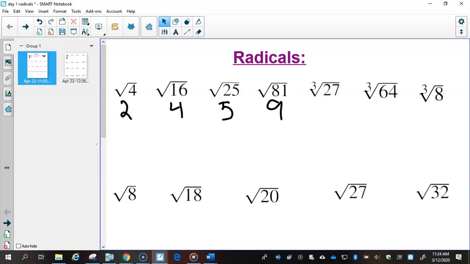So for 27, think of a number that if we multiplied it, that times that times that would give us 27. 3. Because 3 times 3 is 9, and then 9 times 3 is 27. So the cube root of 27 would be 3.